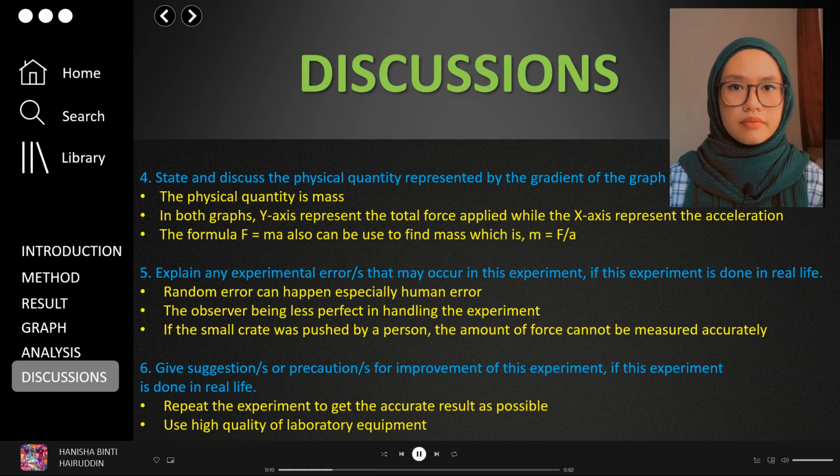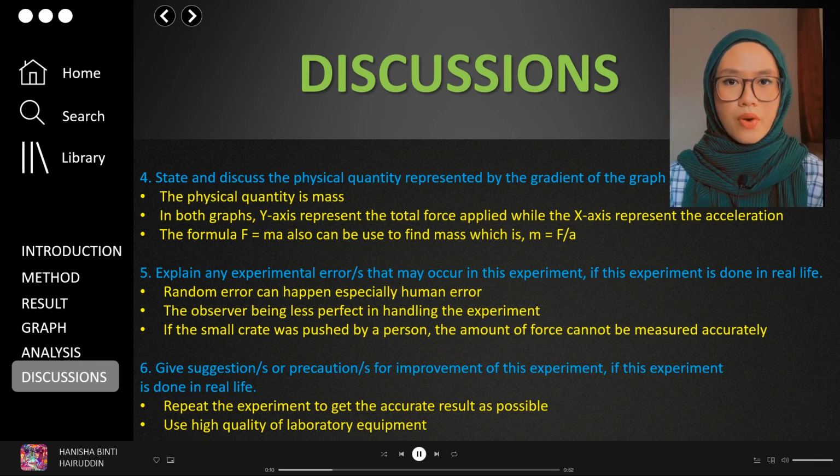But in this experiment, the random error is attributed to the observer, who is less perfect in handling the experiment. If the small crate was pushed by a person, the amount of the total force might not be measured accurately.